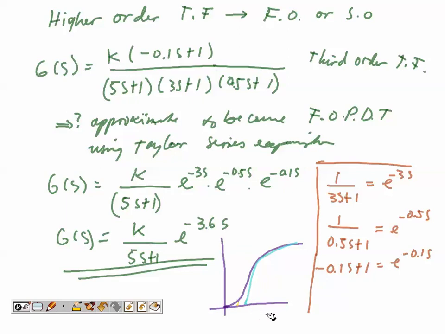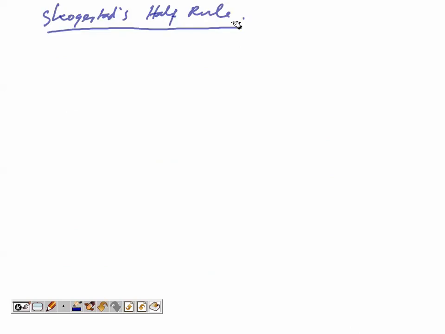So Skogestad proposed a method called the Skogestad half rule. How does the Skogestad half rule work?